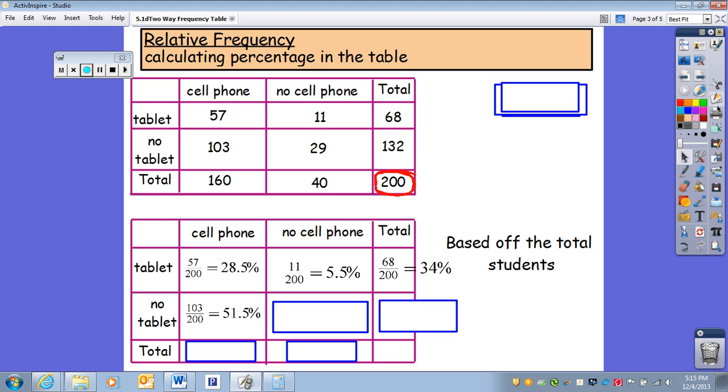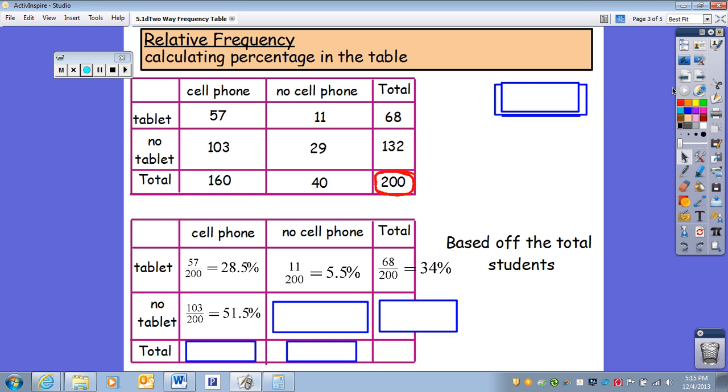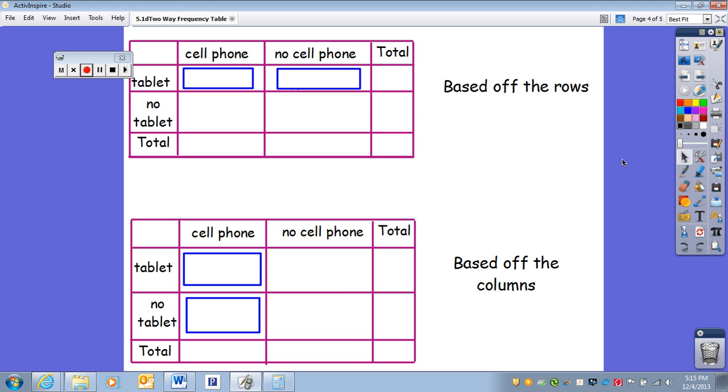Let's move on to another example. What if instead I wanted to find the relative frequency based off of the rows? Now if you take a look back, the total number in our top row was 68 students who had a tablet. So we are going to divide by 68. So we have 57 students who have a tablet and a cell phone.